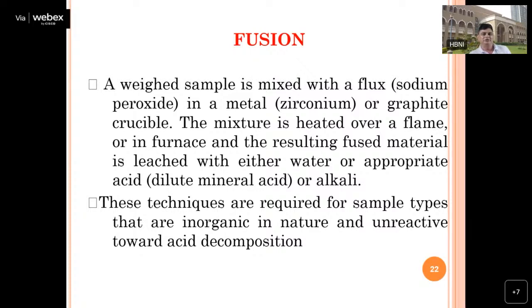Generally one of the major fluxes is sodium hydroxide and sodium carbonate, and sometimes sodium peroxide is also used. There is also lithium borate, and many other fluxes, but all these fluxes add a lot of salt content into your solution.